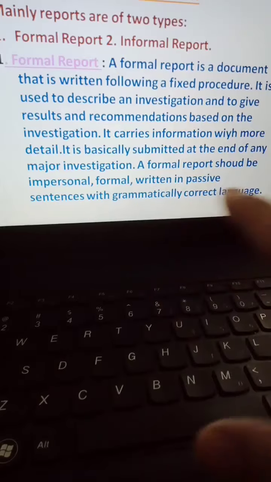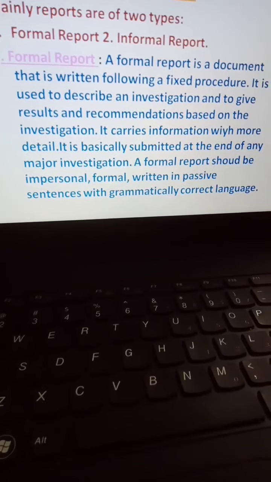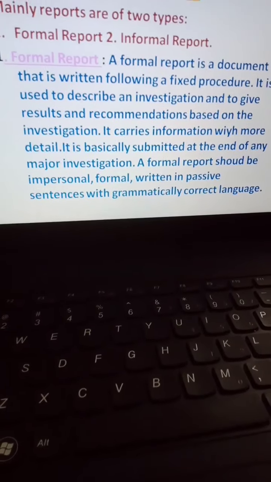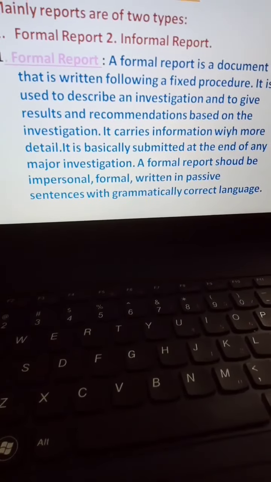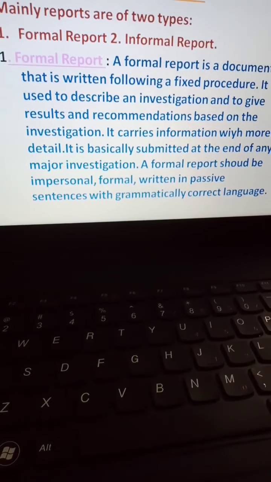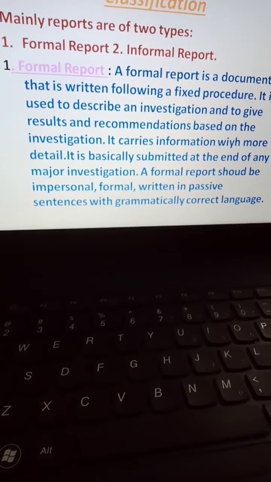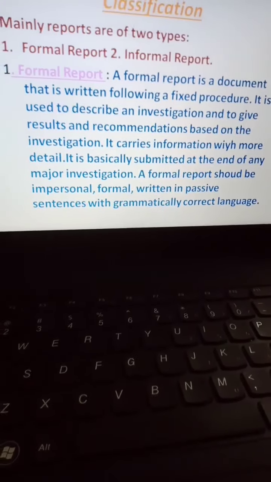A formal report should be impersonal. That means a reporter cannot use his personal feelings or personal opinion in the report. The tone should be formal and the sentences should be passive, used with grammatically correct language.